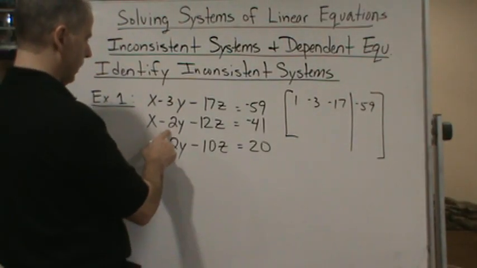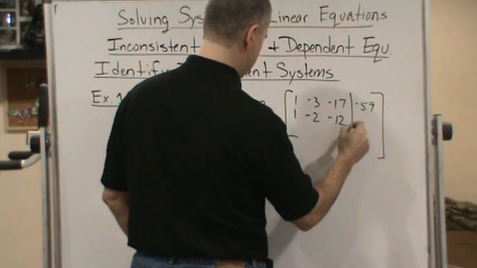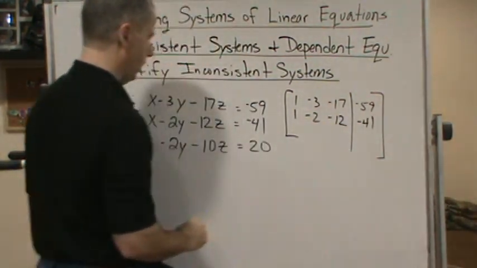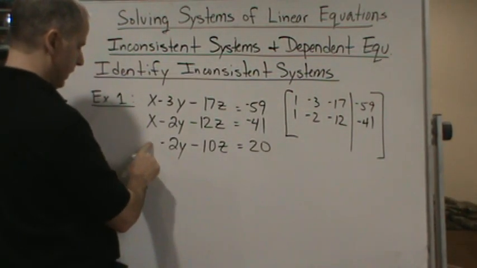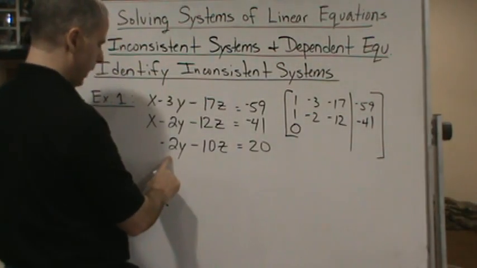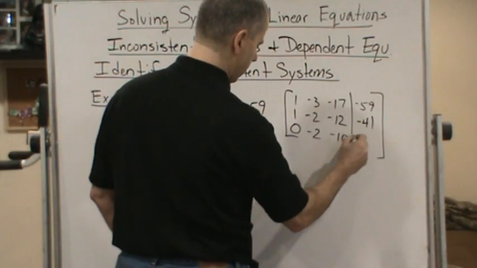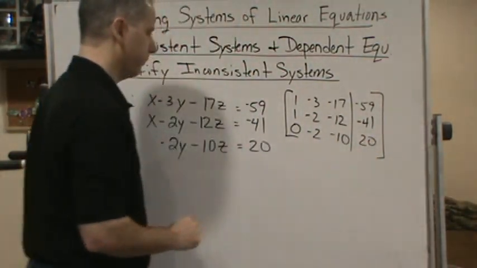And then 1, -2, -12, -41. And then we have, now the x is missing here, so that's 0, so -2, -10, and then 20.